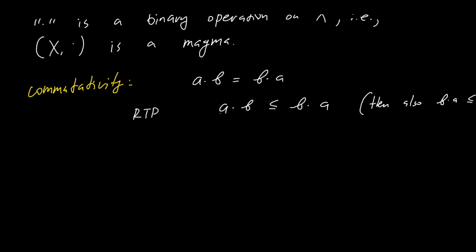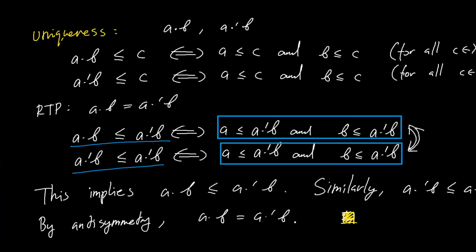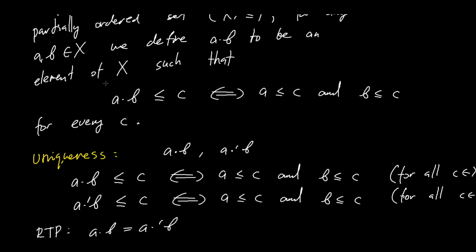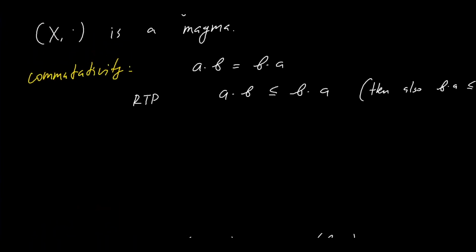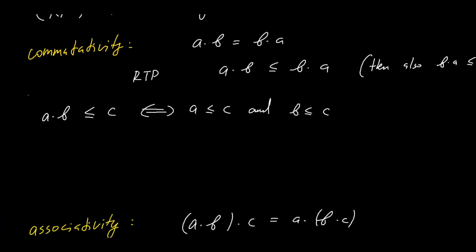But let's expand what it means for this to be true. If you remember the definition of dot, it is something that fulfills this equivalence. So I'm going to copy it down here. We know this thing is true for all C values, right? And I will try to prove that for the case when C equals B dot A.